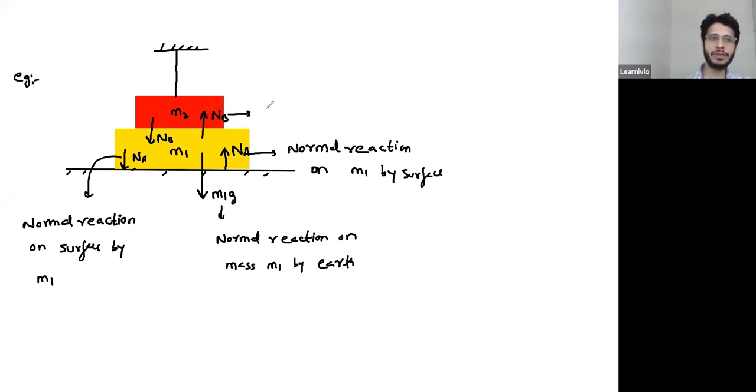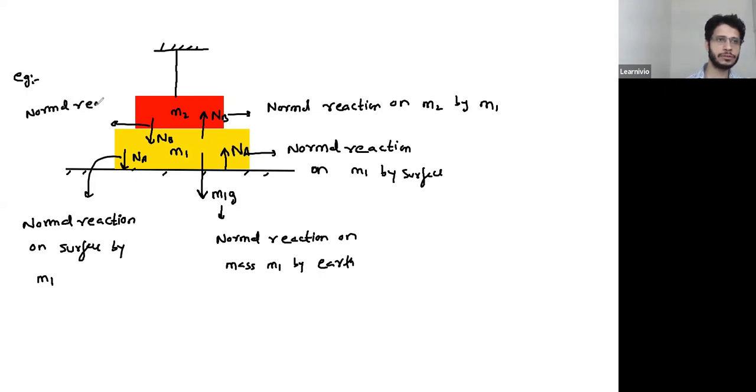So this NB is normal reaction on M2 by M1, and here this NB is normal reaction on M1 by M2. There is one more force which is weight of M2, which is basically M2G.